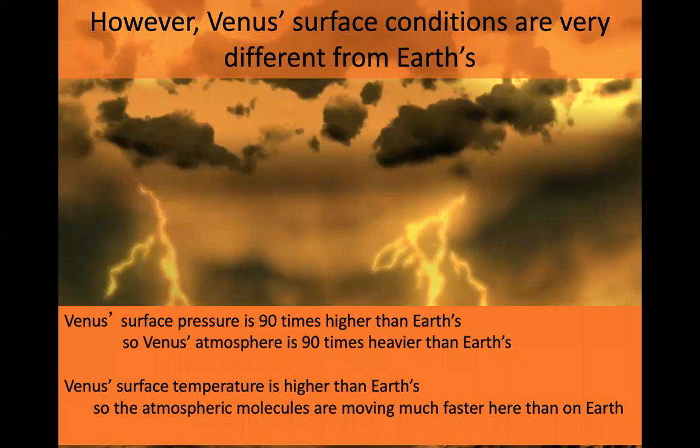And those molecules are moving around faster. Okay? And the question is, why? Why is the atmosphere of Venus so hot and so dense? Let's worry about the hot part first, because most people will have a natural explanation for this.